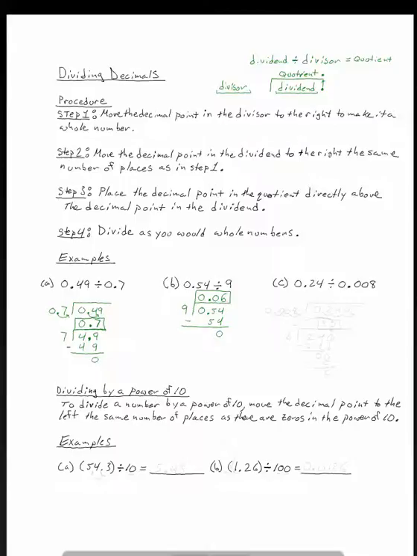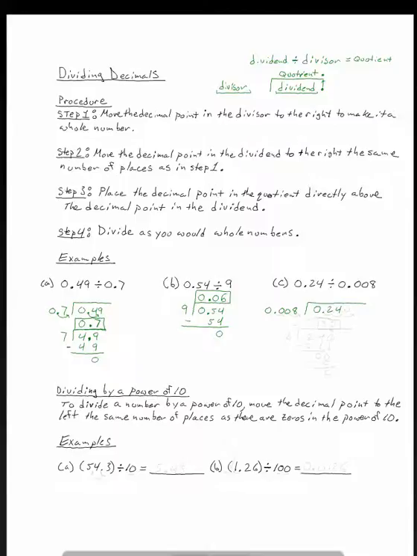In example C, I have 0.24 divided by 0.008. So I rewrite, that's 0.24 divided by 0.008.